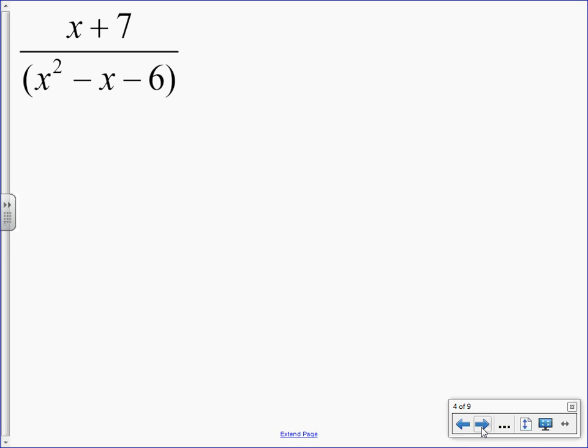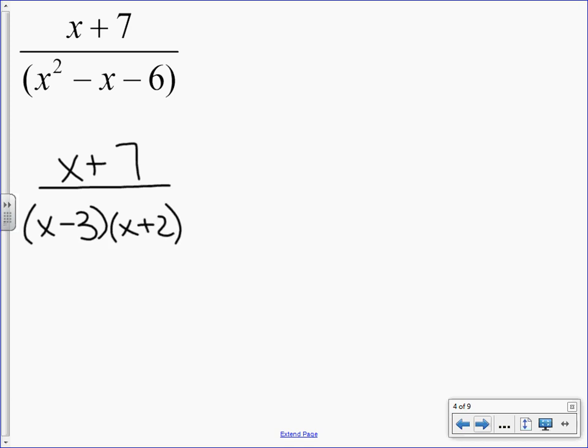Okay, so the first thing we have to do is factor. So Michaela said this is x minus 3 times x plus 2. So to decompose this fraction, how many fractions are we going to add together? 2, because there are 2 factors in our denominator.